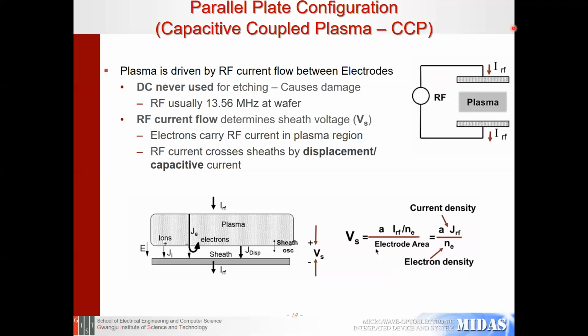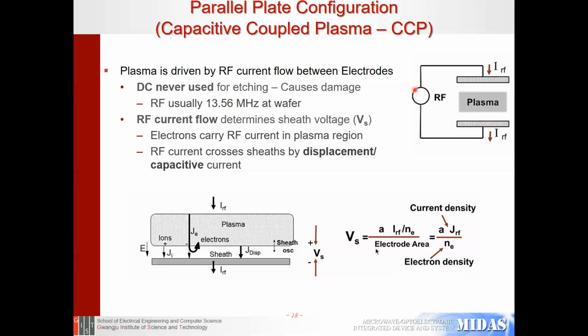So we have the RF supply, and the RF current goes through these electrodes, across the sheath region, through the plasma and then out the other side. And this RF current is what is going to keep the plasma going. The frequency mostly used is 13.56 megahertz at the wafer, since the RF current flow determines the sheath voltage.